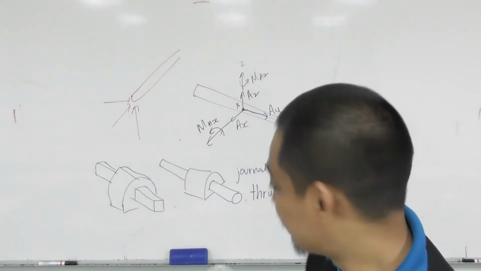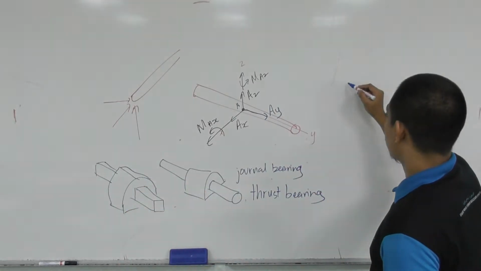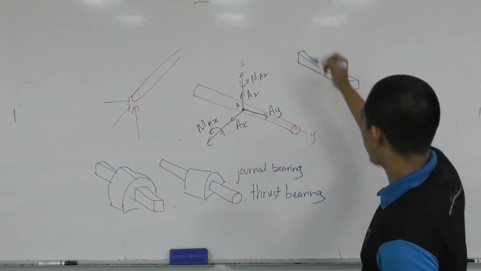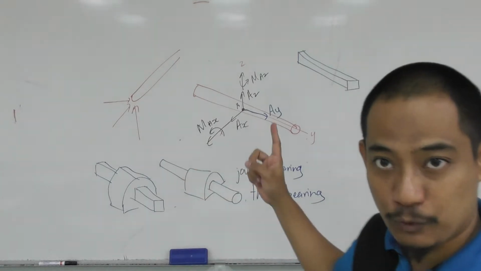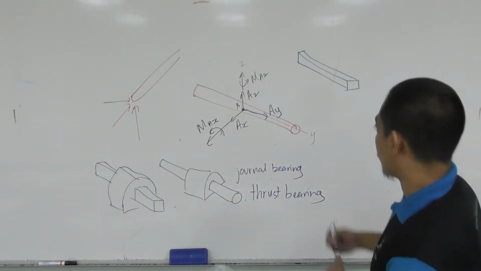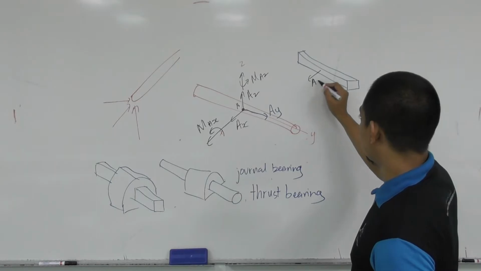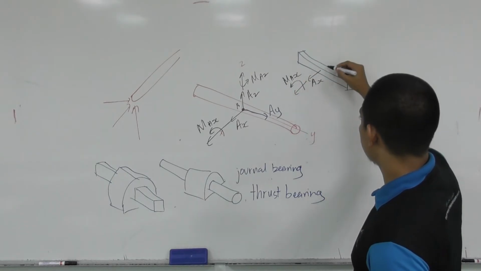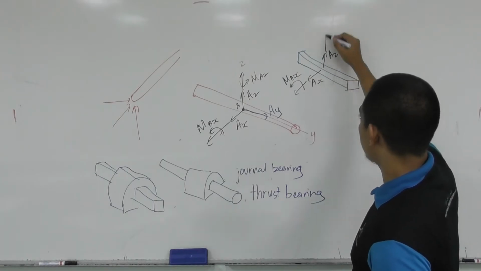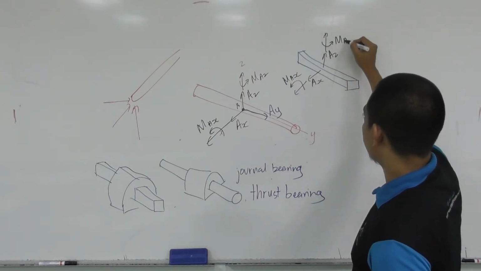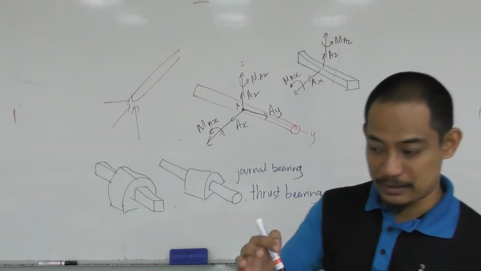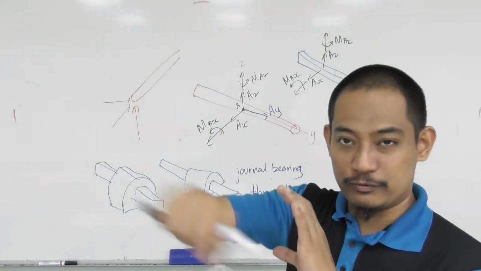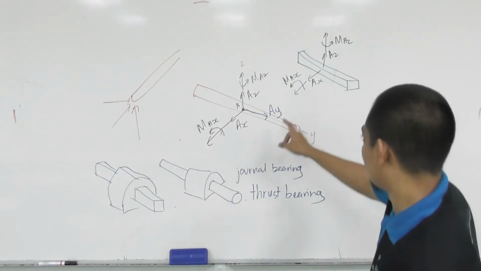So in that case, if you have the free body diagram where it's a square rod, you have also AX and MAX, AZ, MAZ. This is all the same because the same argument and the same question apply. Can you move that way, can you rotate that way? It's the same.